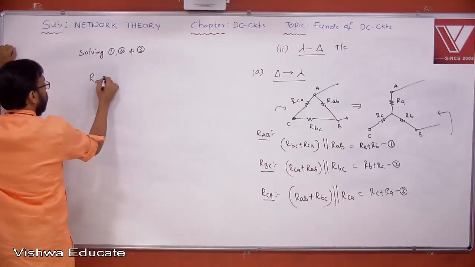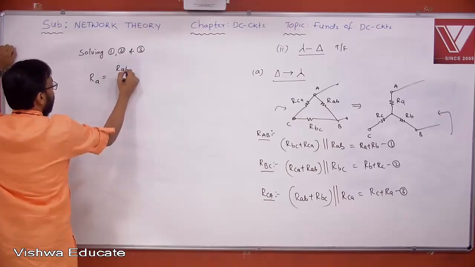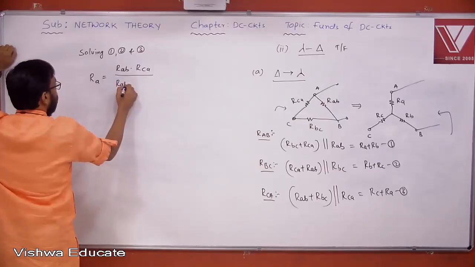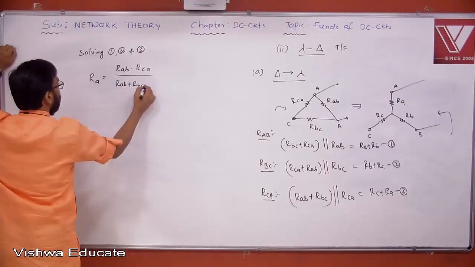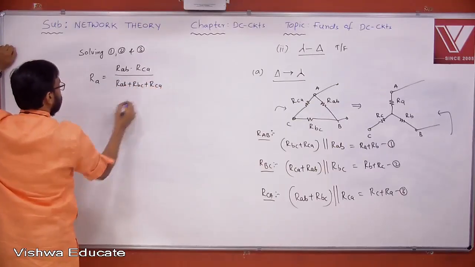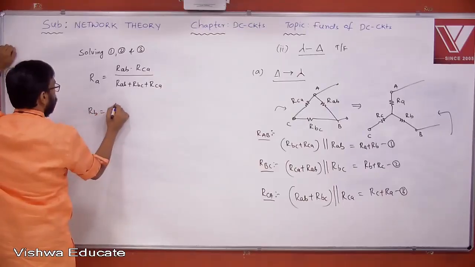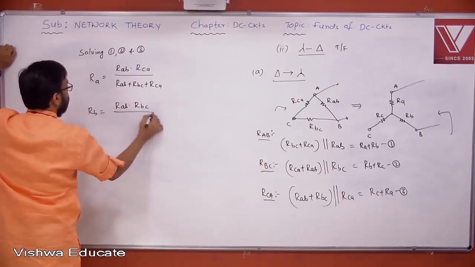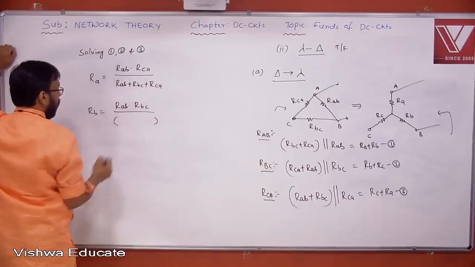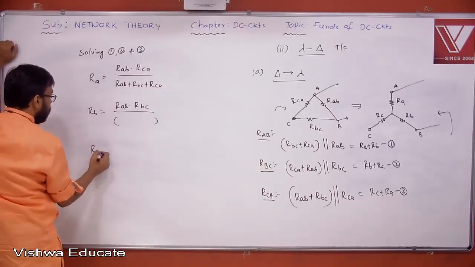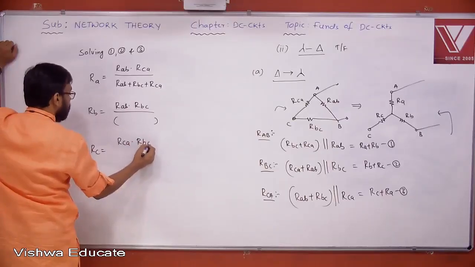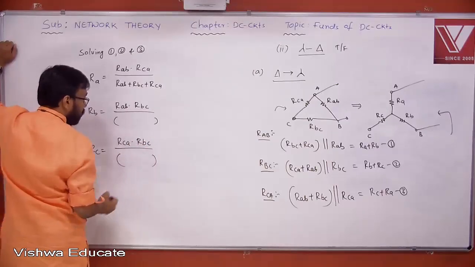RA is equal to RAB into RCA by RAB plus RBC plus RCA. RB is equal to RAB into RBC by the same denominator. RC is equal to RCA into RBC by the same denominator.